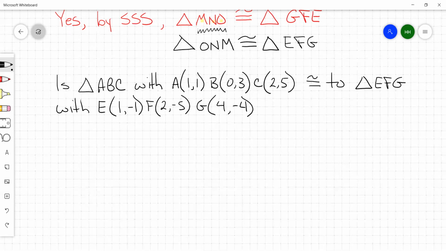The question continues. If so, explain why. And write a congruence statement.